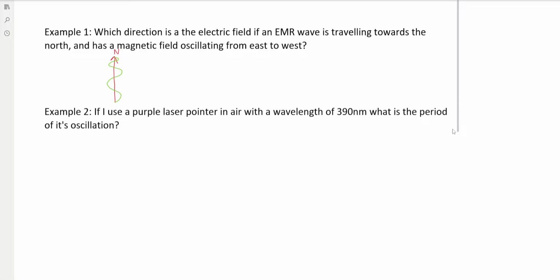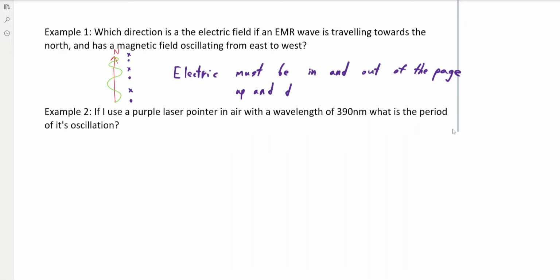Which means that the electric field must be oscillating in and out of the page. Or another way to say this, because this is north and east and west, it must be up and down. So like literally going up into the sky and down towards the ground.